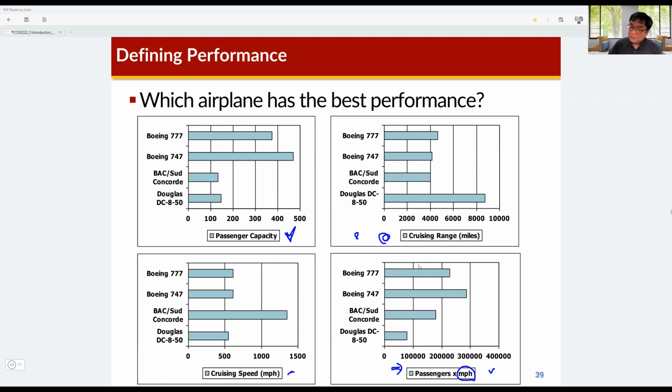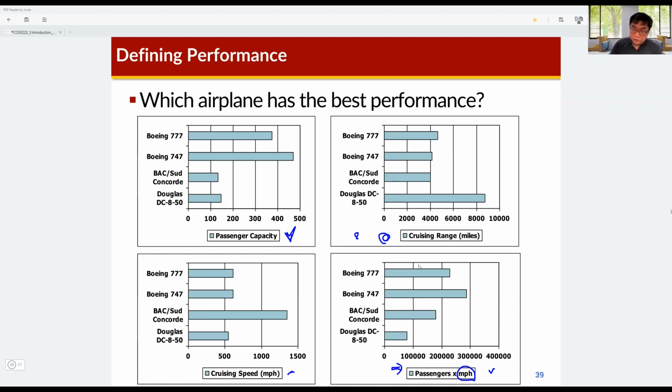So this is some example of the performance. The main theme of this slide is the metric. We can define the different performance metrics, but the performance metric is determined by the purpose of the system.